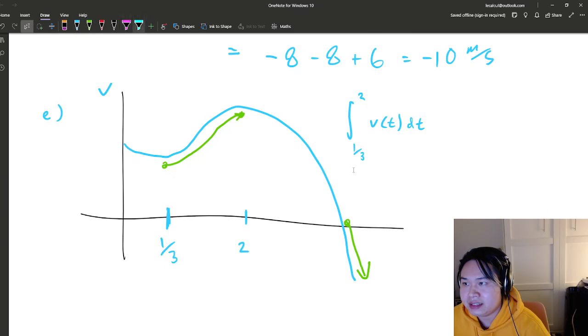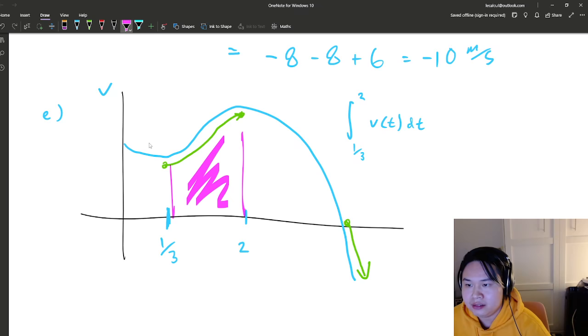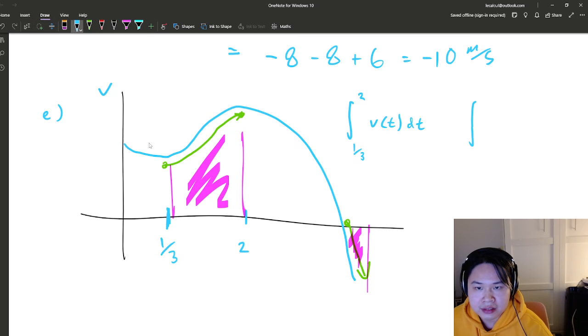So that's going to be this distance right here, right? But we also need to find this distance right here. And that is going to be the integral from, I don't think they ever told you what k was, because they just said that it stops here at k, to 4 of your velocity function.